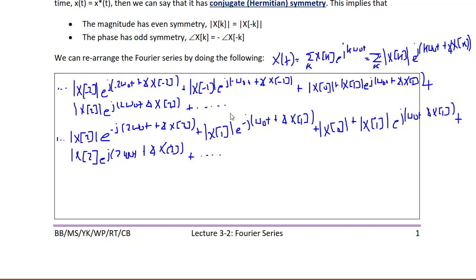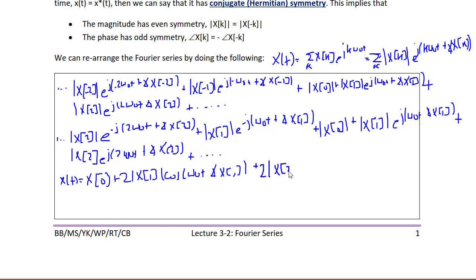Using Euler's identity, I can now rewrite x of t as x of t equals x of 0 plus 2 times the magnitude of x of 1, the cosine of omega naught t plus the angle for x of 1, plus 2 times the magnitude of x of 2 times the cosine of 2 omega naught t plus the angle x of 2, plus dot, dot, dot.